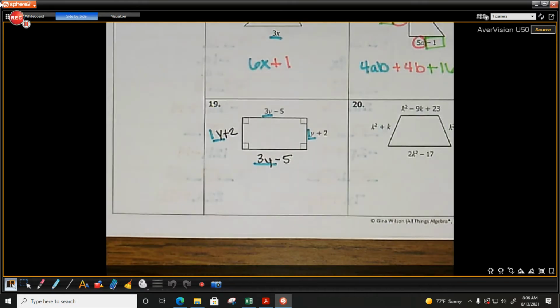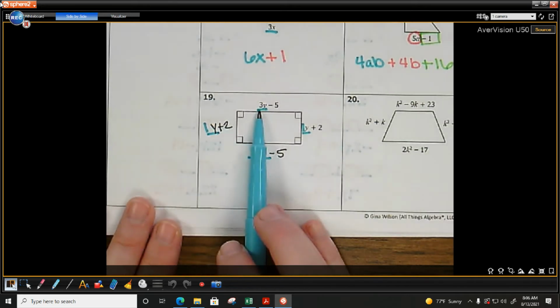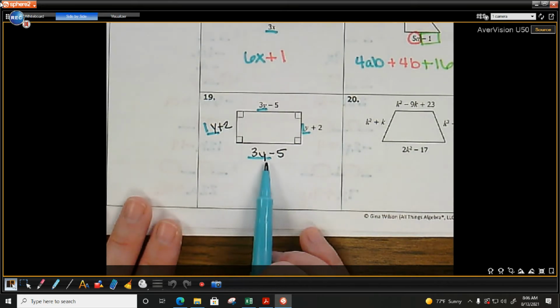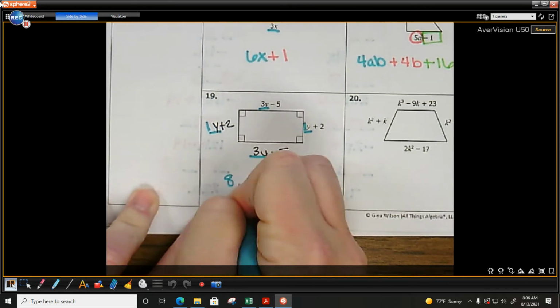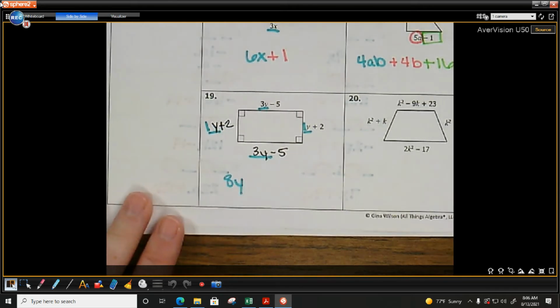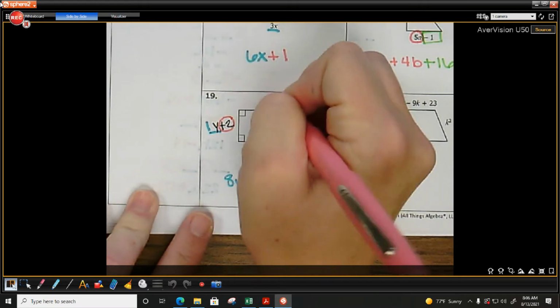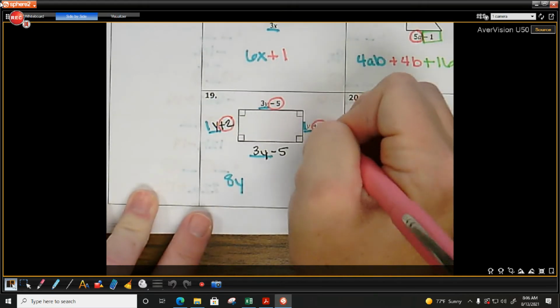What's 1 plus 3? 4 plus 1? 5 plus 3. So 8 what? Y. Very good. And then let's look at our constants. Plus 2 minus 5 plus 2 minus 5. Okay.